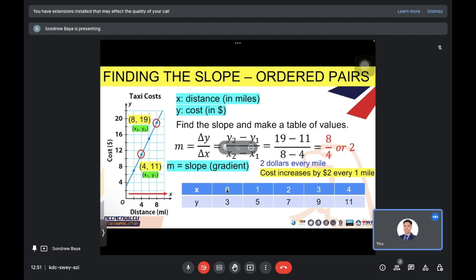But then every time you increase by 1 mile, the amount that you're going to pay will also increase by $2. That's why after 1 mile, you are now charged $5, 2 miles, $7, 3 miles, $9, and so on. And this is how we find the slope using ordered pairs. All right?